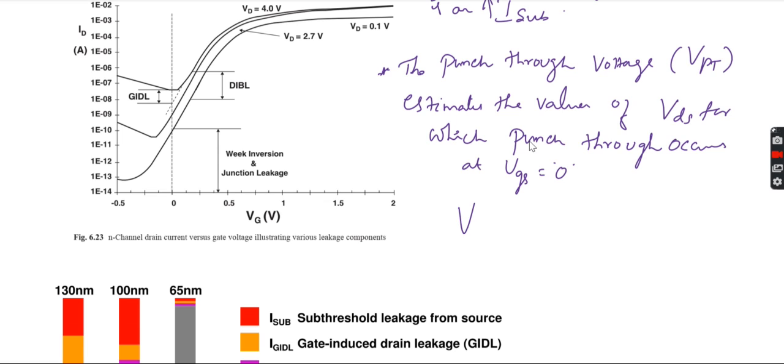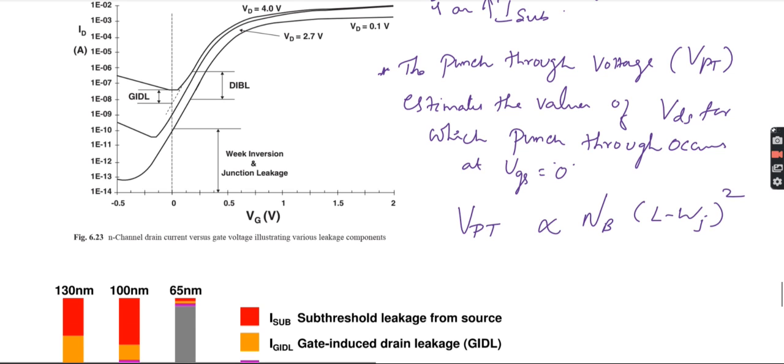So what is the equation? The punch through voltage is directly proportional to NB into L minus Wj. So the punch through depends on these parameters.